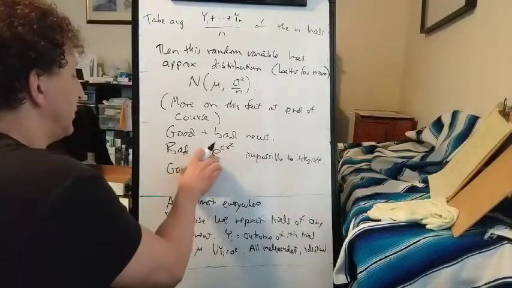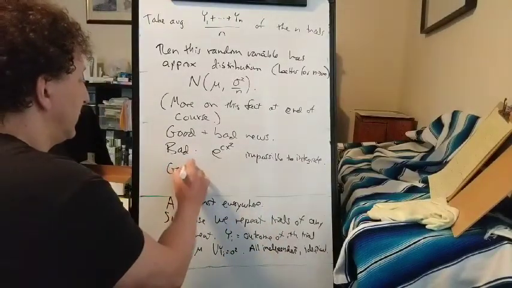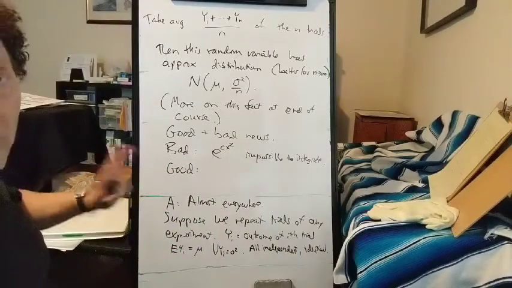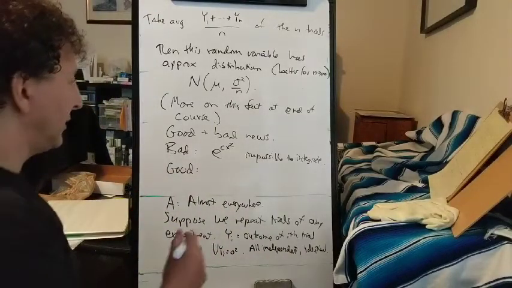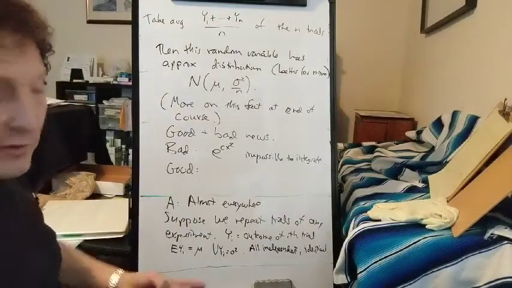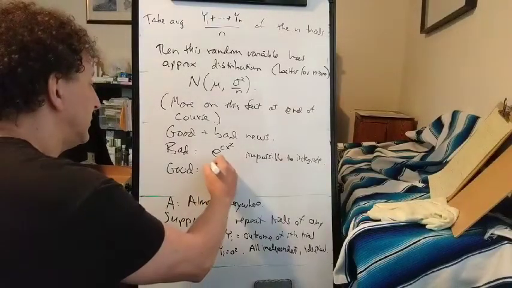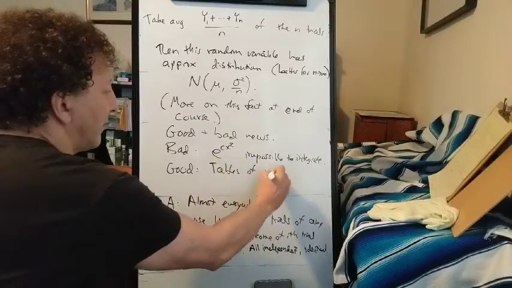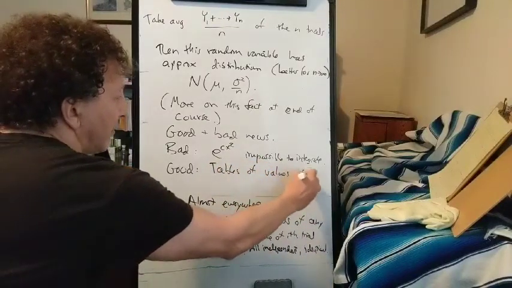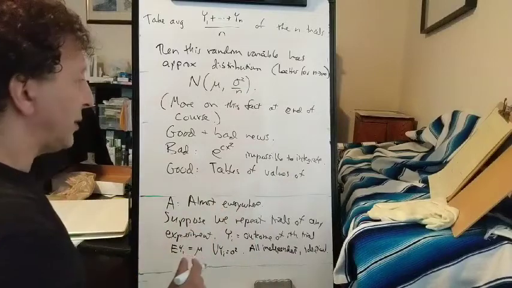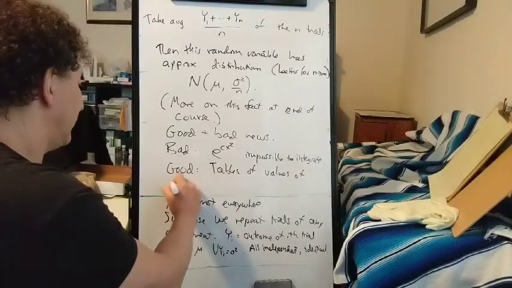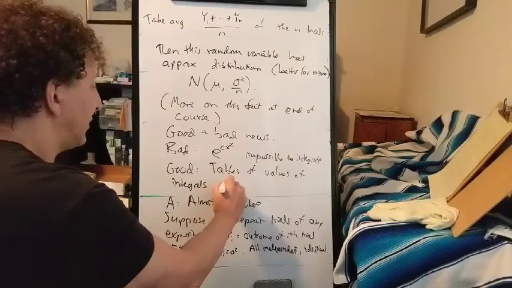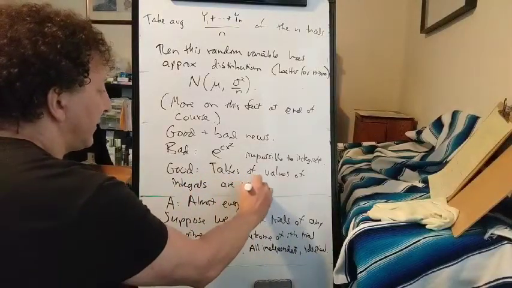So the good news is that you can do this by computer, and in fact other people have done it by computer. So we can look up integrals in tables. So tables of values of integrals are very common.